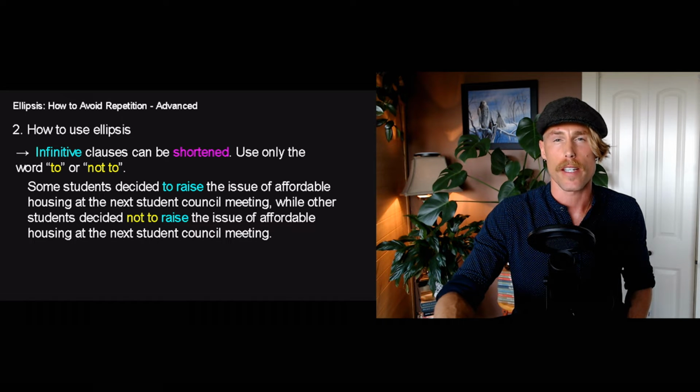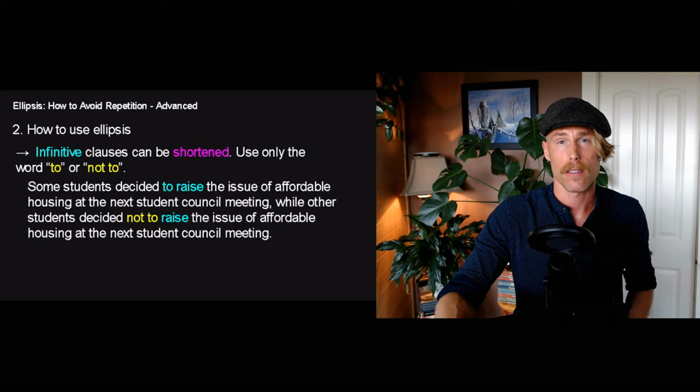What are some changes that we can make to make it more concise or more efficient? What do you think? Well, if we look at the rule, we can shorten infinitive clauses. So we don't want to shorten the first clause because that gives us the key information. But we can shorten the second clause.